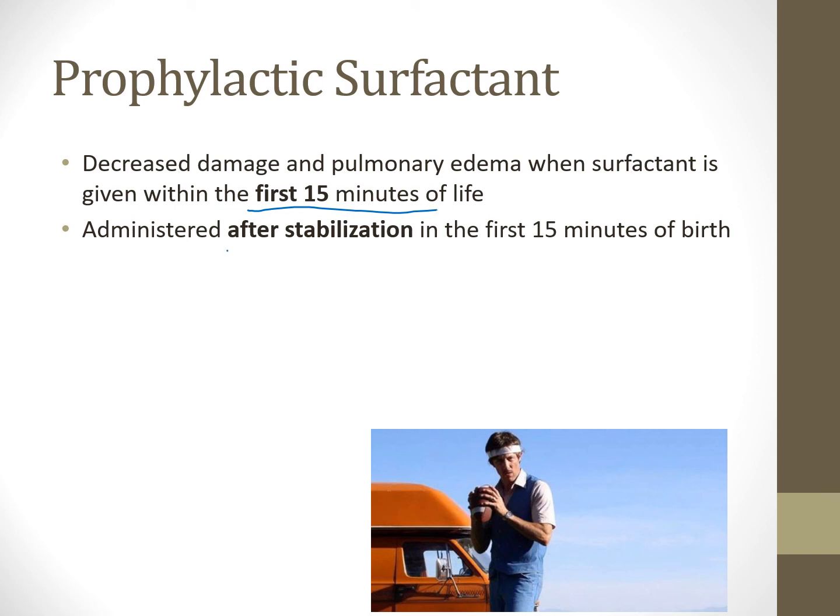You've got to remember, and this is in bold for a reason, we only give surfactant after the baby is considered stable. So if we're still doing chest compressions, if we're still having to push epi, push drugs and so on and so forth, that kid's not stable, right?